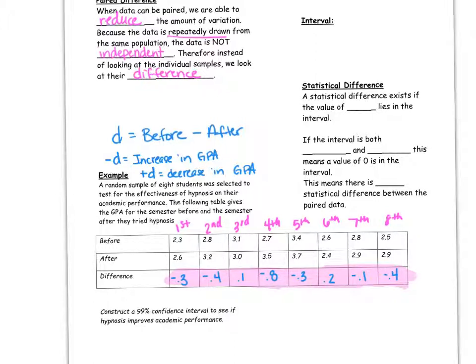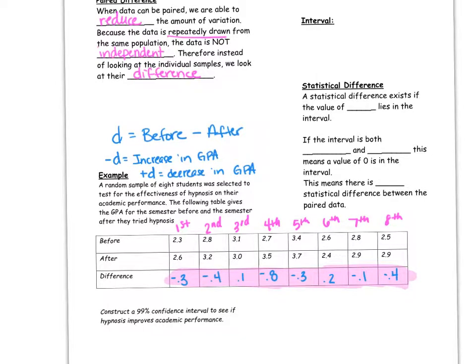So if hypnosis truly works, we want to see more negatives in the interval, right? Because if the interval is all negative, what does that tell me? If the interval was all positive, what would that tell me? They all went down. If the interval was negative and positive, what does that mean? It's a mix. And what does that tell me then about the actual hypnosis process? Does it work? We don't know if it works or not. That's what it really says.